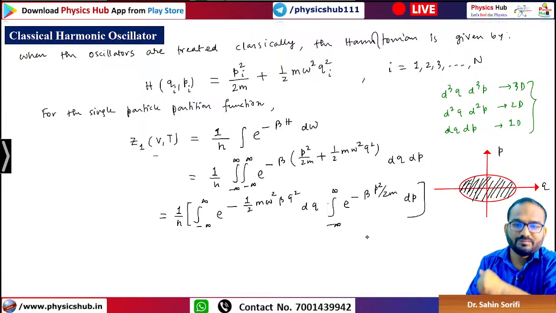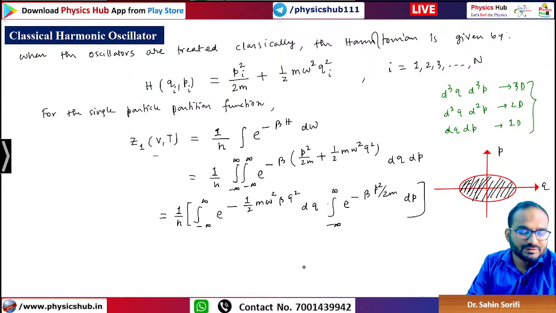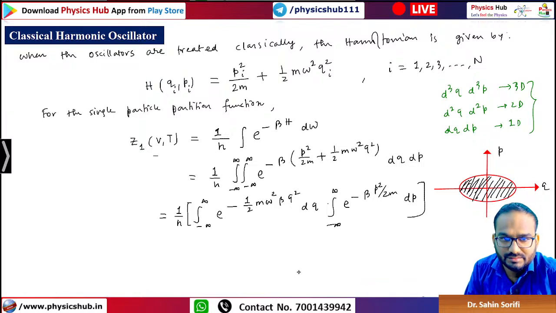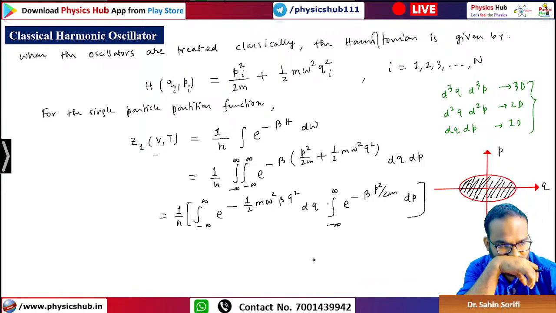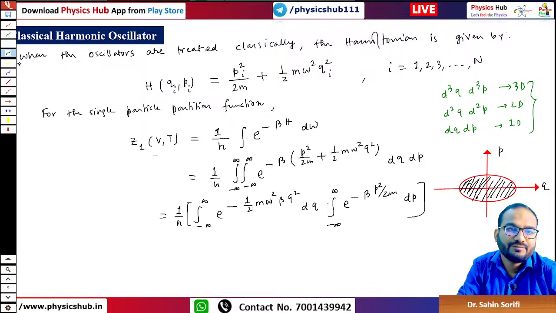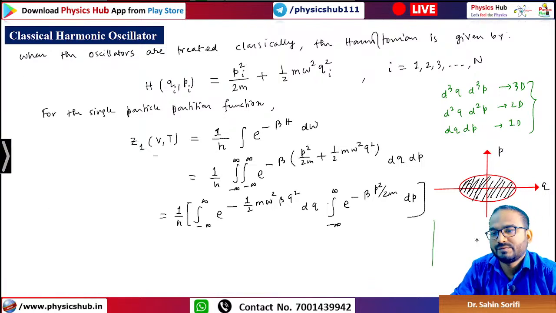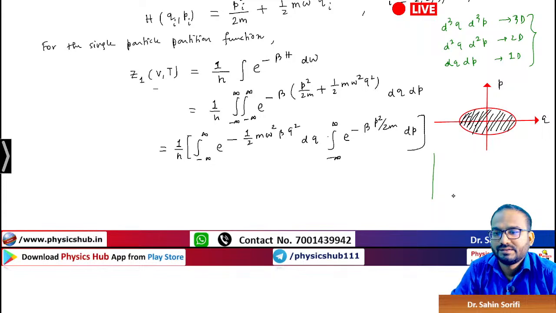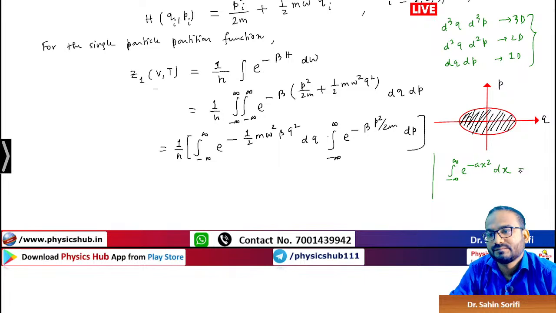Can I write it? They are in product. We have just separated the variables related to q and p. Now you know a formula, right? Integral from minus infinity to plus infinity of e to the power minus a x square dx is root over pi by a. Do you know this formula?